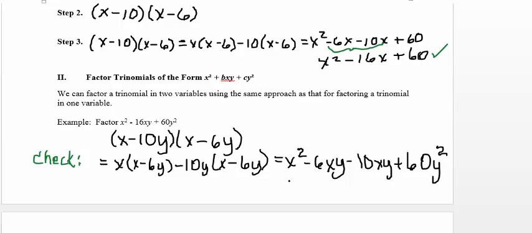And when I combine my like terms, negative 6xy and negative 10xy, I get x squared minus 16xy plus 60y squared. And that checks out to give what I began with.